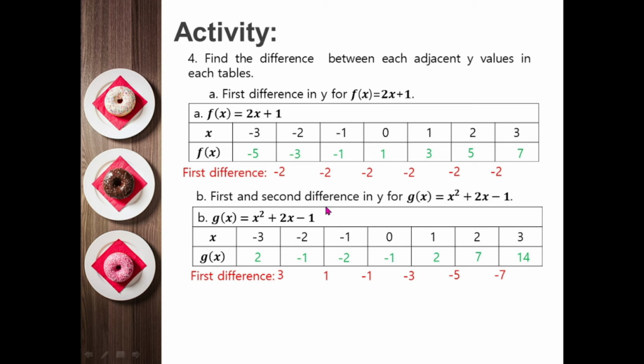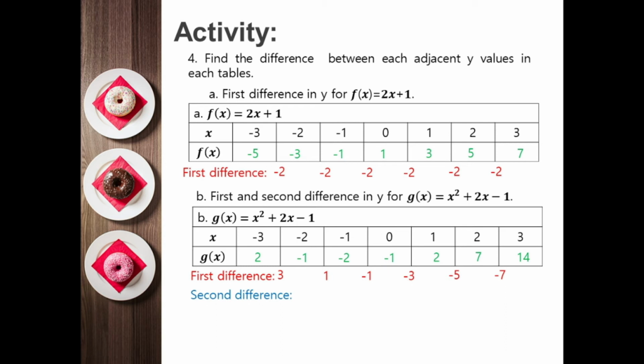How about the second differences? For the second differences, we are going to get the difference of our first differences. Okay, so we have 3 minus 1, we have 2. 1 minus negative 1 is also 2. Negative 1 minus negative 3, yes, 2.